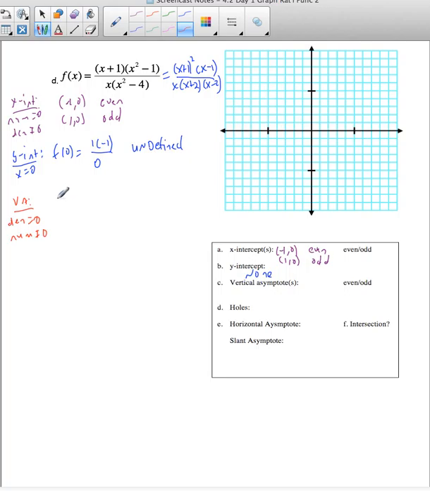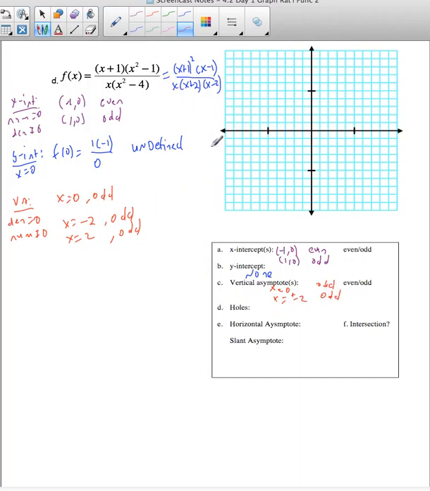In this case, we're going to have a vertical asymptote from that factor of x at x equals 0 with odd multiplicity. And we're going to have vertical asymptotes at x equals negative 2 and x equals 2 from these other two factors, all with odd multiplicity. So x equals plus or minus 2, I'll put here to save a little space.